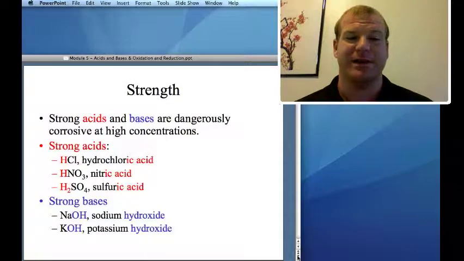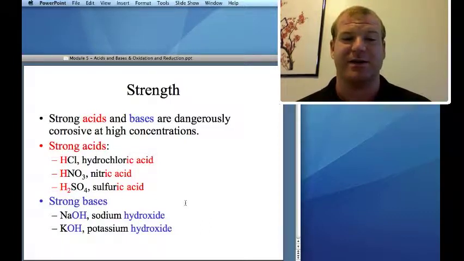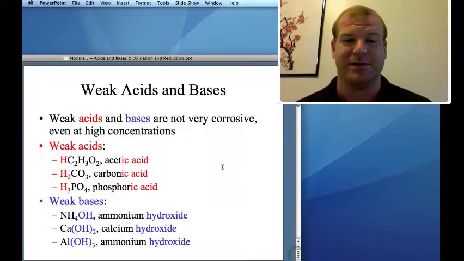So we talked about these. The acids and bases, so here, these are strong acids and strong bases. These are very dangerous, especially at high concentrations. And weak acids and bases, they're not very corrosive. They can still be dangerous.